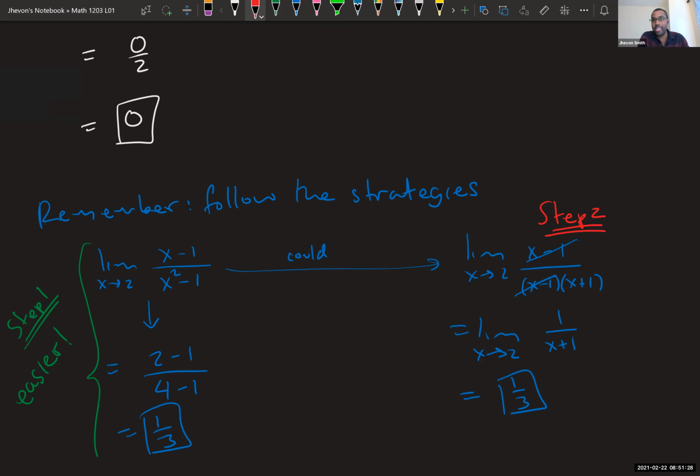Or best case scenario is you're going to waste time factoring and simplifying stuff when you didn't need to, right? So the strategies that I gave you, I wrote them as steps because I specifically want you to think in that direction, right? You should be looking to plug in before you look at factoring.